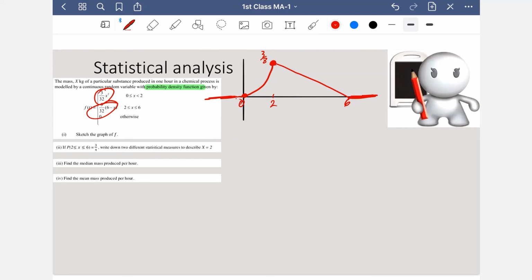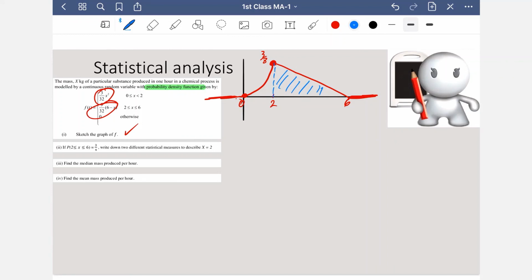Okay, so done. Now, the probability from 2 to 6 is 3/4. Let's make a little bit of sense here. It's given us the probability, so it's actually given us the area underneath this function.